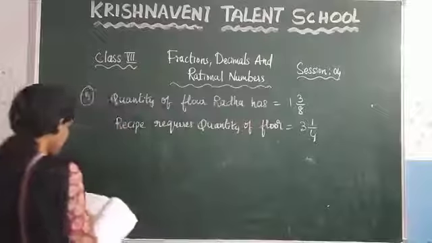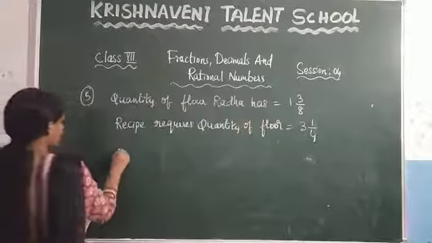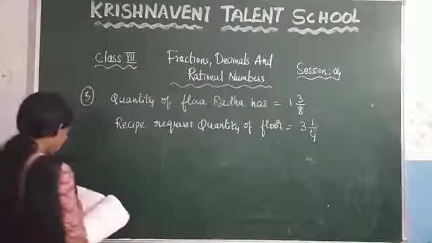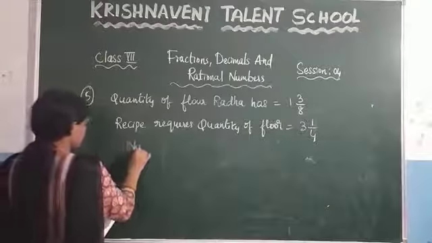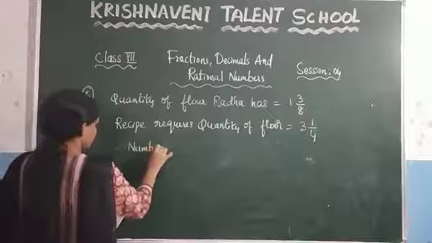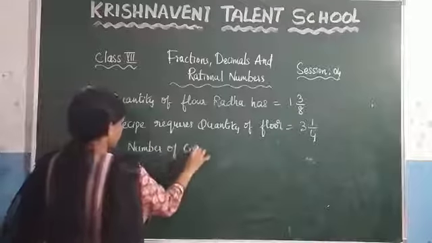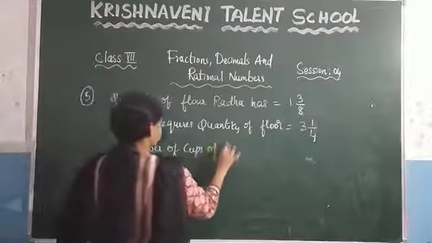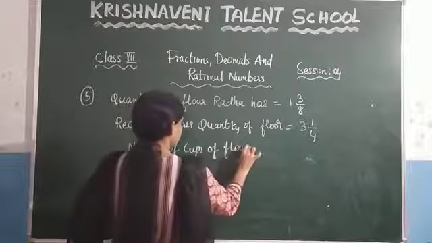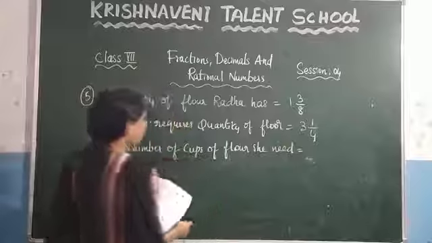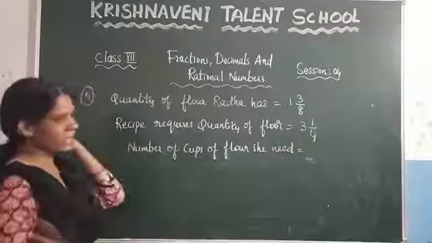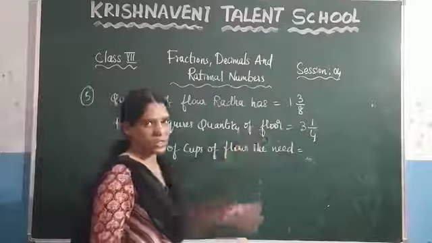Now in the question what they asked here, how many more cups of flour does she need? Write it here. If you want to calculate how many cups of flour does she need, just you need to subtract these two values.